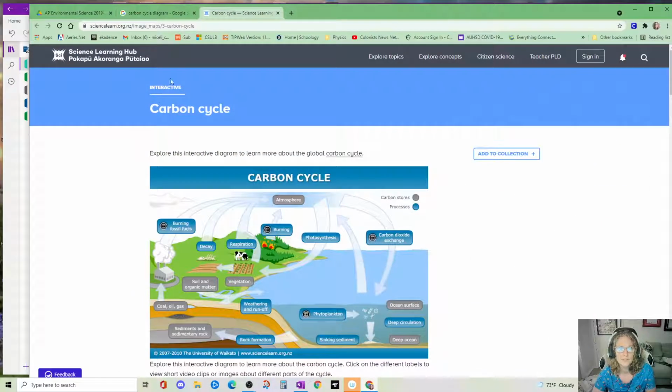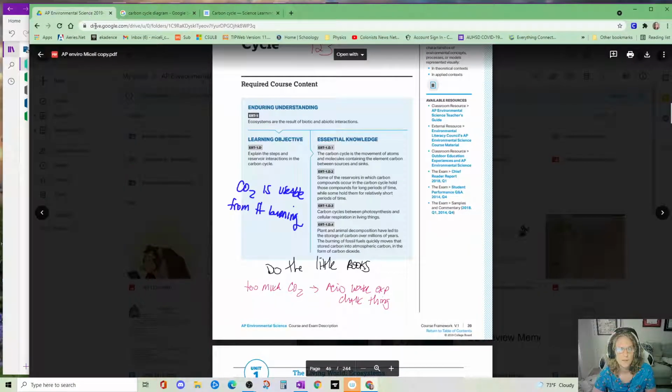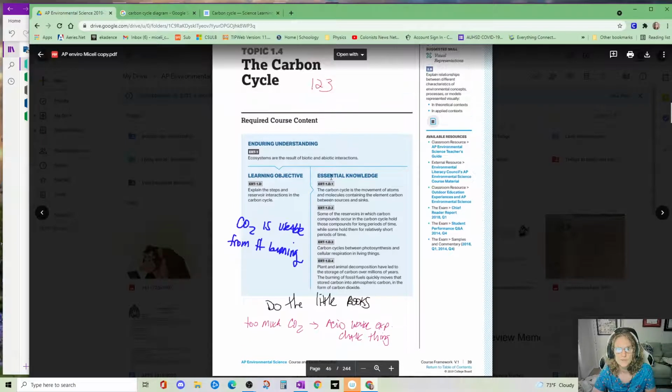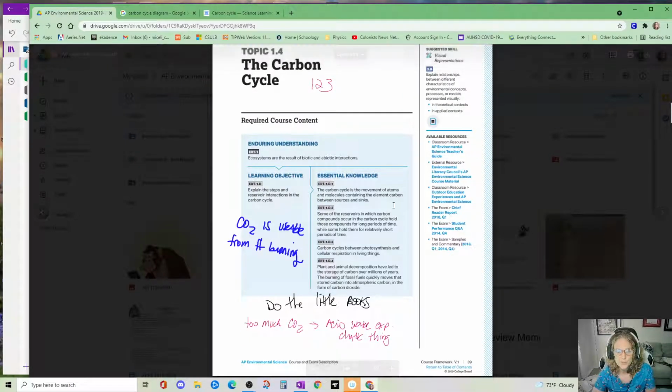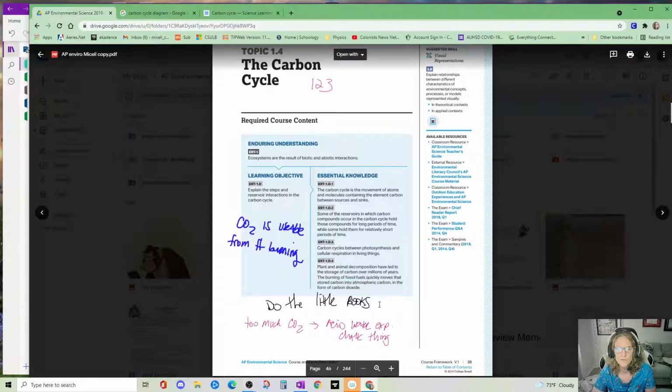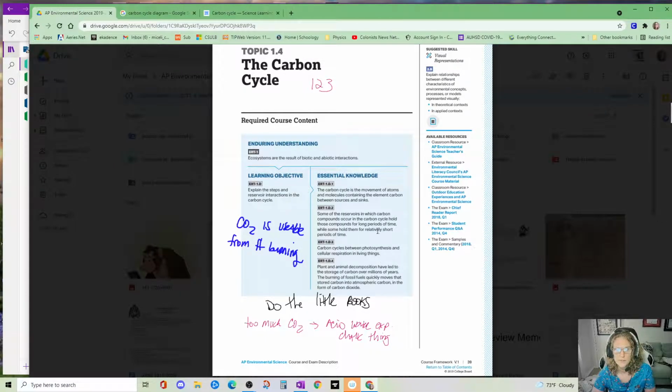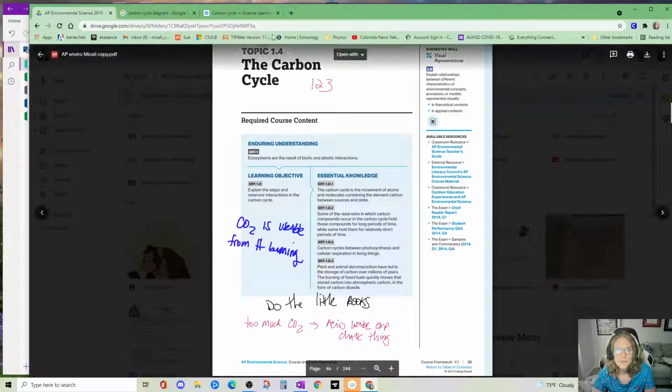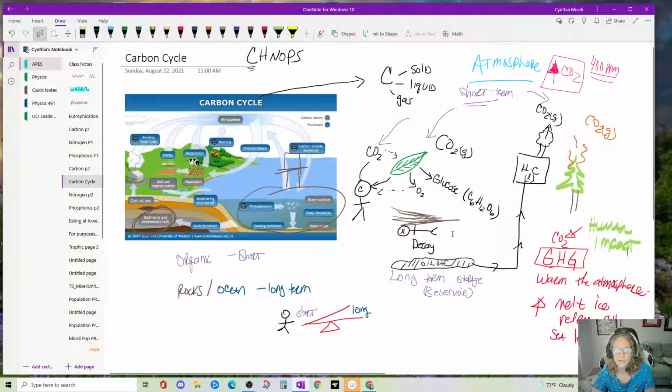So hopefully that's kind of a little overview. And this is 1.4, so make sure you look at all of the little details here. This is what I talked about, and I think that'll give you a good overview of the carbon cycle.